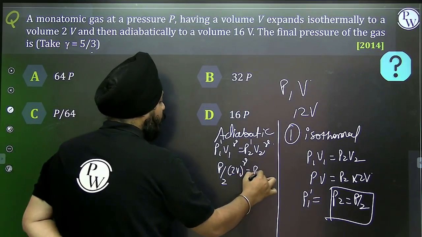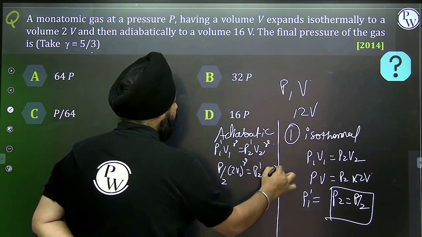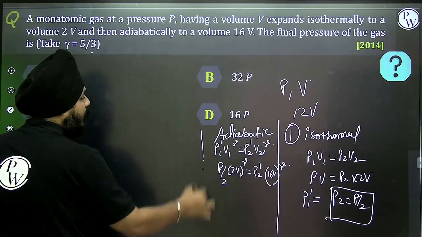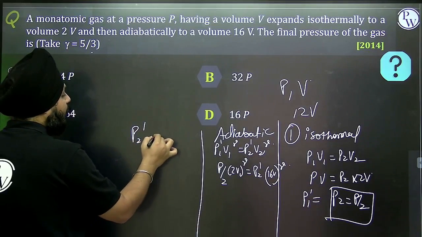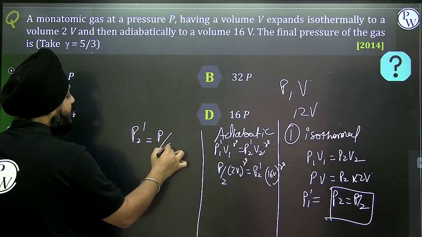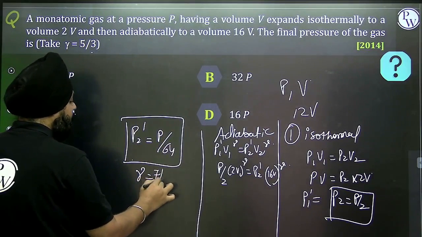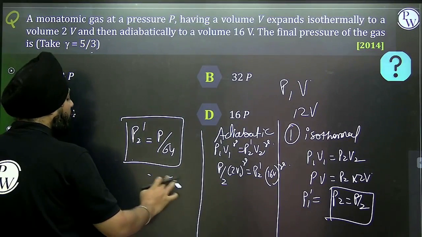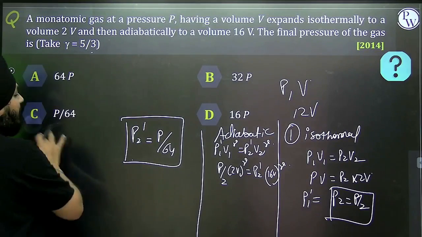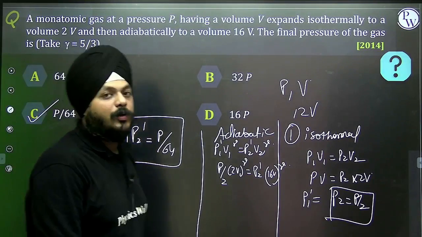P2' we need to calculate, with final volume 16V whole to the power gamma. Resolving this, we get P2' equal to P by 64. We are taking the gamma value as 7 by 5, but mathematically you can resolve it to get the answer as P by 64. 2014.